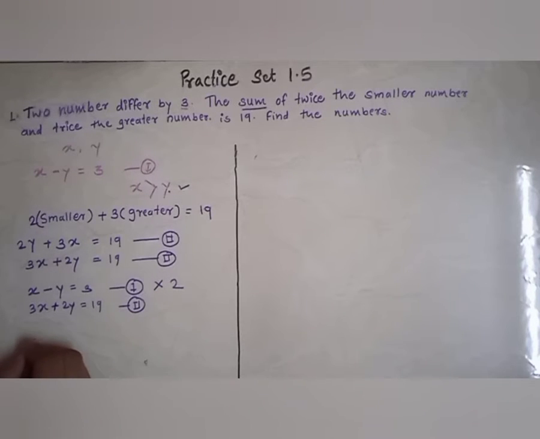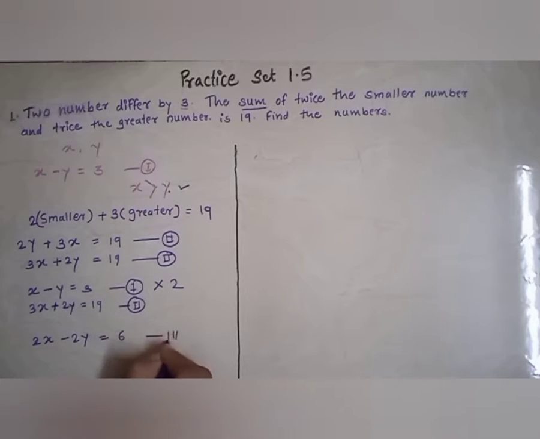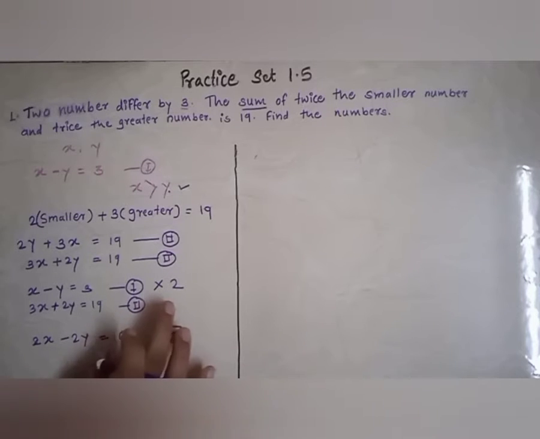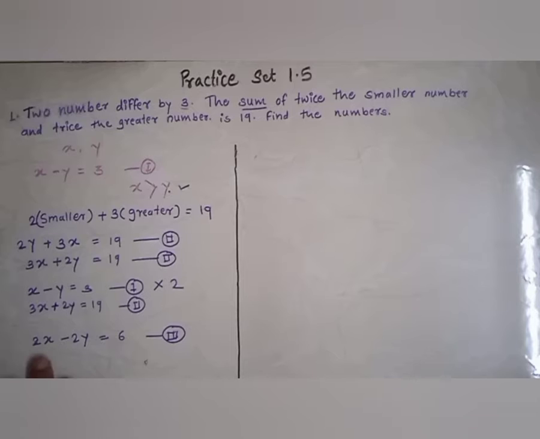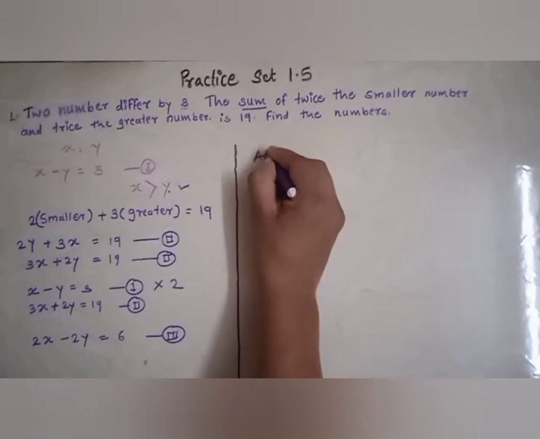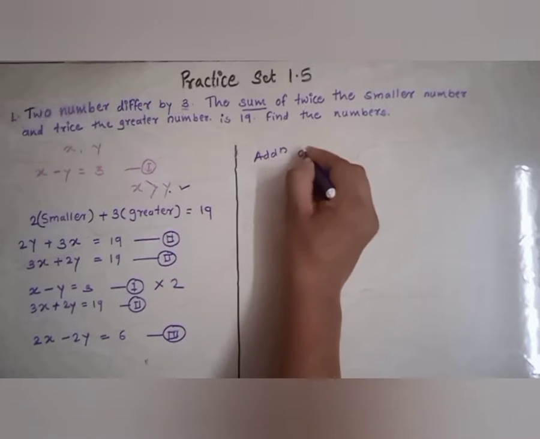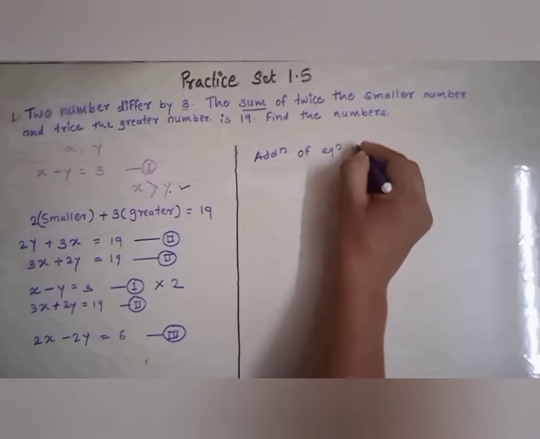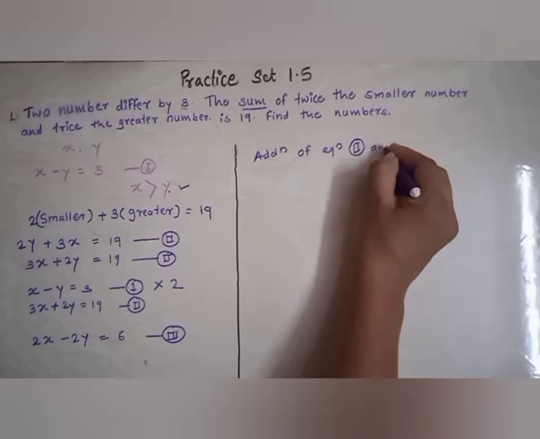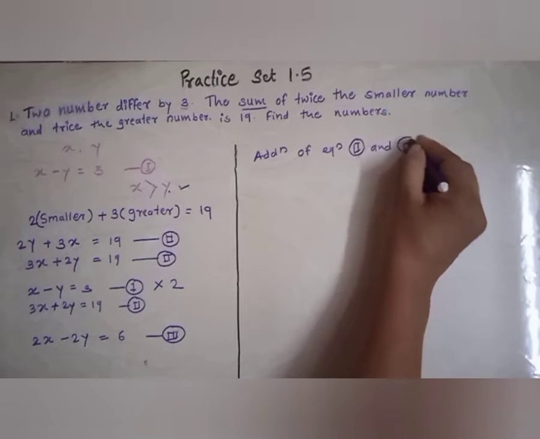So writing the first equation multiplied by 2: 2x minus 2y equals 6. Sorry, not 3, equals 6. This is our third equation. Now we have to add the second and third equations.